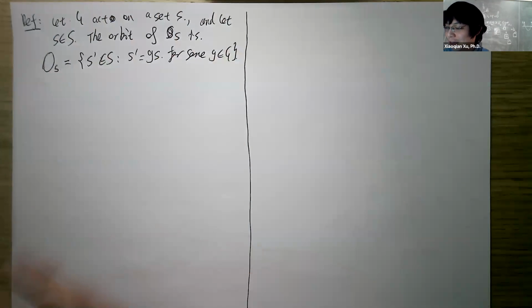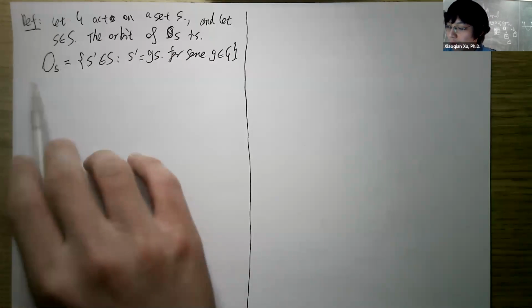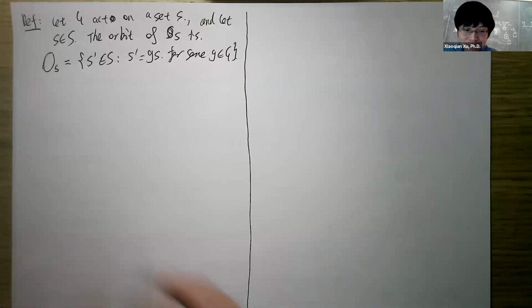I hope you have seen this kind of obvious stuff in your ODE class, but if you haven't, that's also normal. This kind of obvious stuff is also very important in ODE, in dynamical systems. I'll give you an example to show the meaning of an orbit.